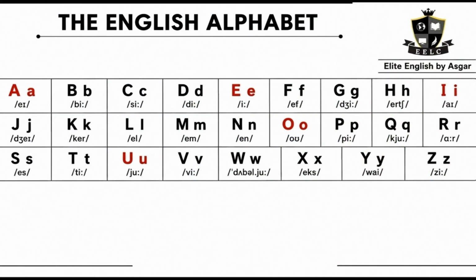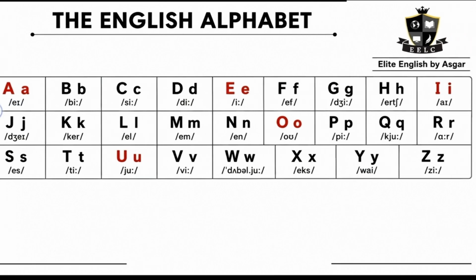So have a look, friends, here we are. These are the English alphabet with the correct pronunciation plus their phonetic description. The ones that you can see in red are vowels, and the ones that you can see in black are consonants.